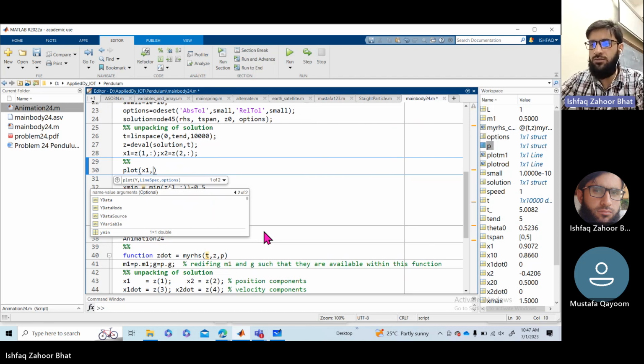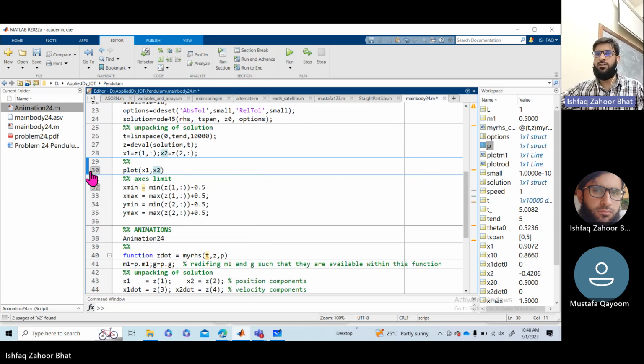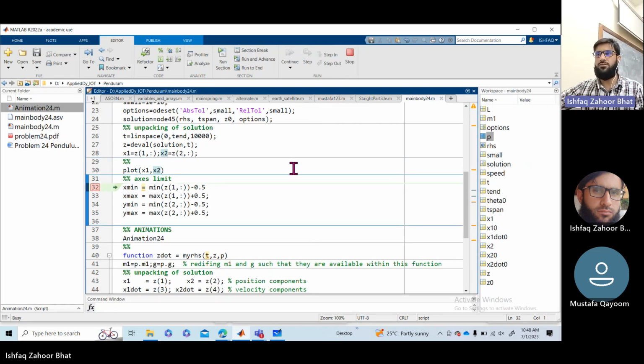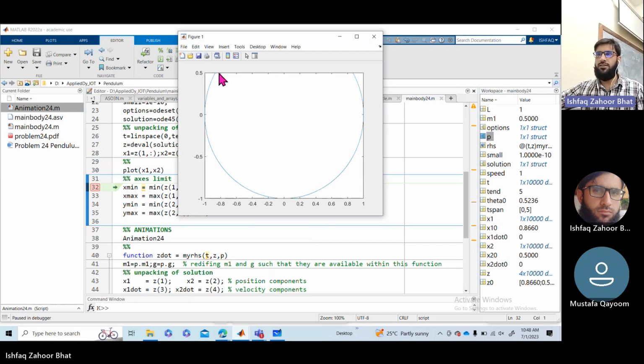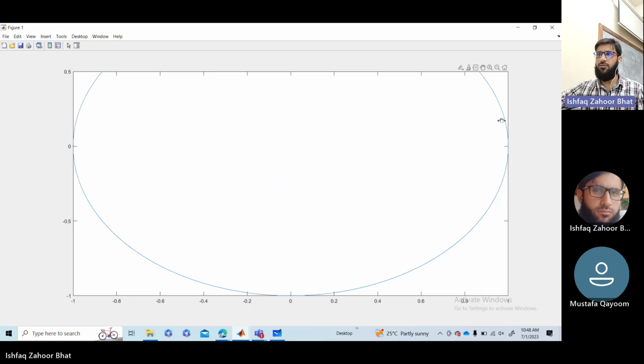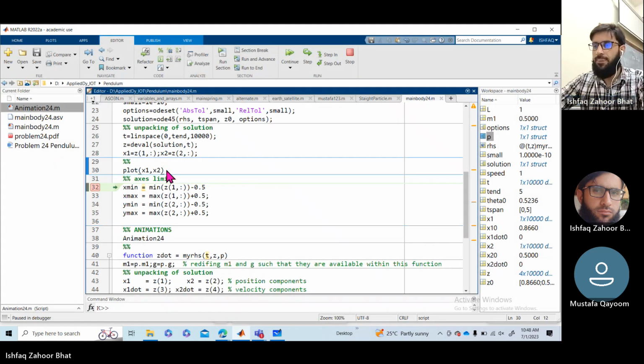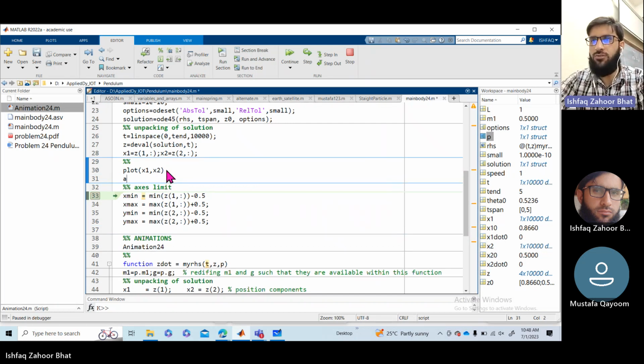Sorry, x1 comma x2. Let's plot this and stop our simulation here. So you can see this is how our pendulum is swinging. But you can see that it is not good, so we will use axis equal, and let us also take one more thing.